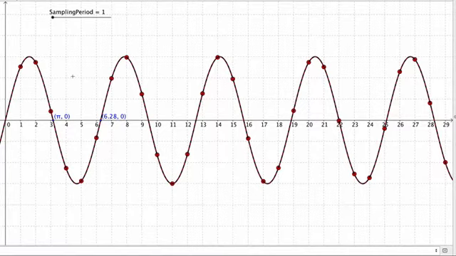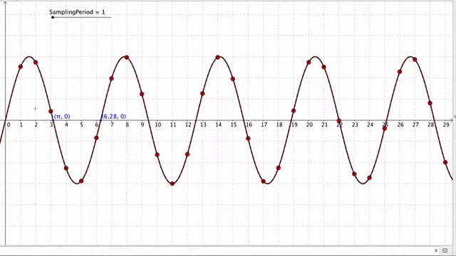Our sampling period must be at most half the period of the original signal. So just going over that again, the original signal had a period of 6. Our sampling period must be less than half of that. So we must be sampling with a sampling period of 3 or less.